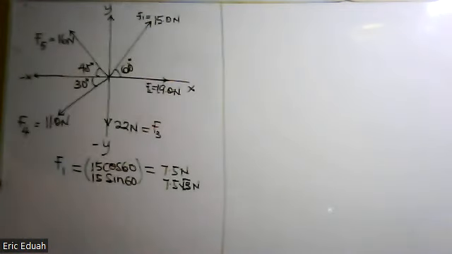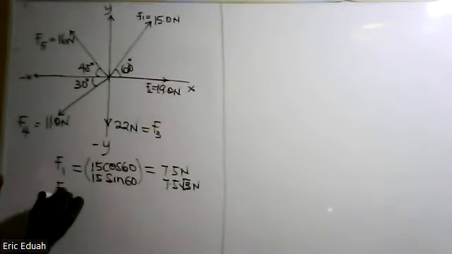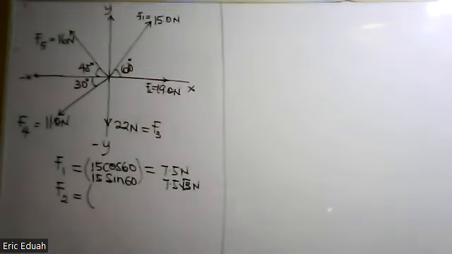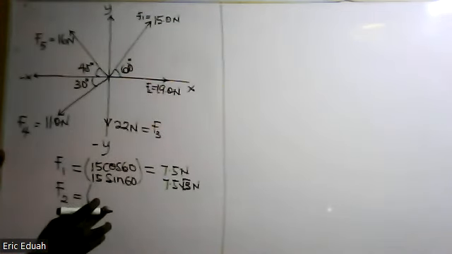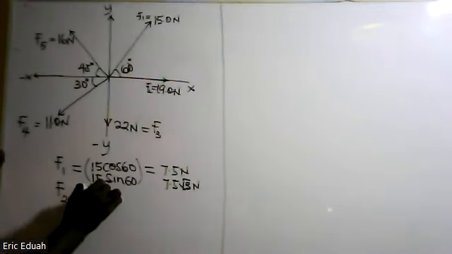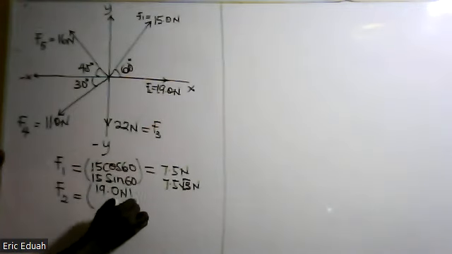Because they are all within the first quadrant, positive. F2 is along the x-axis, the horizontal axis. So it has a horizontal component and 0 vertical component. So this 19.0 Newton as against 0.